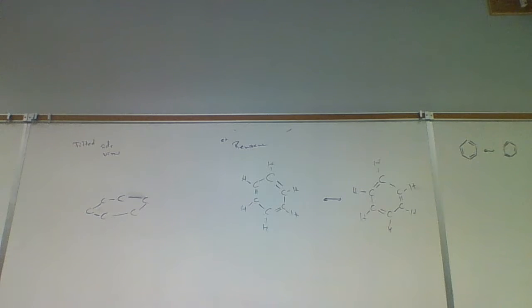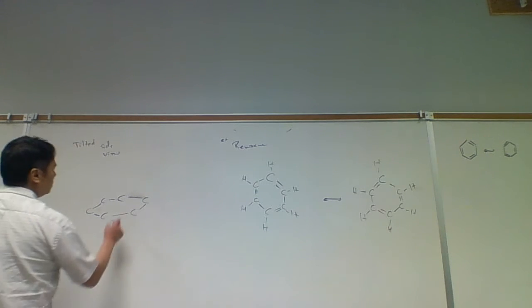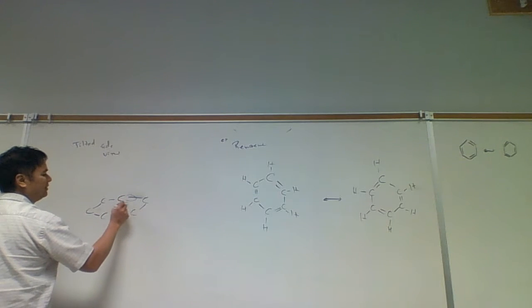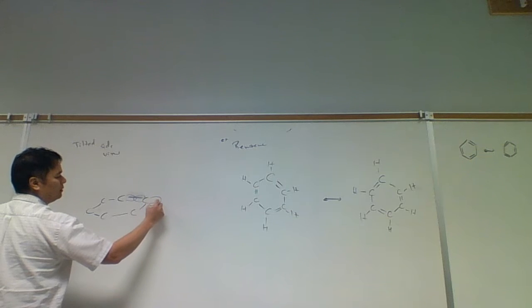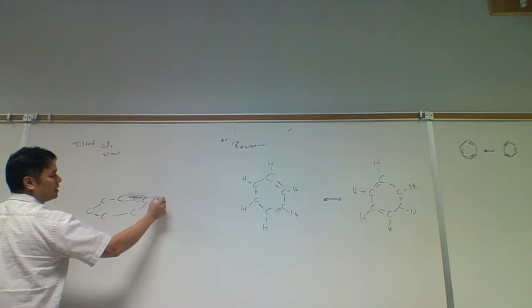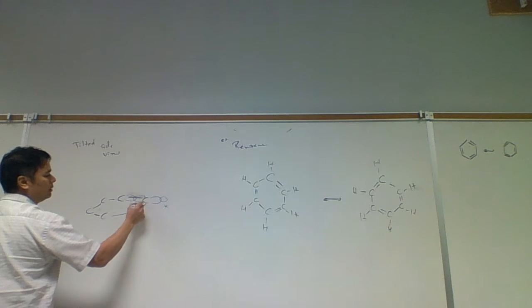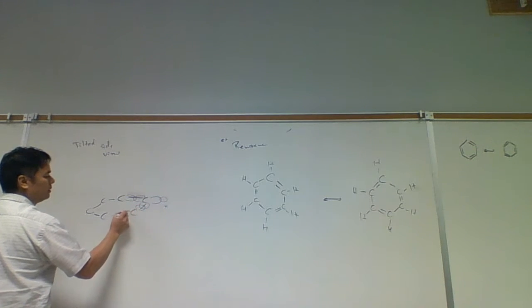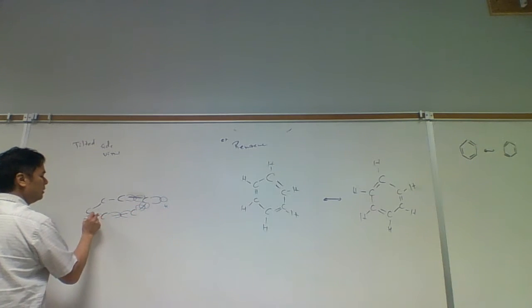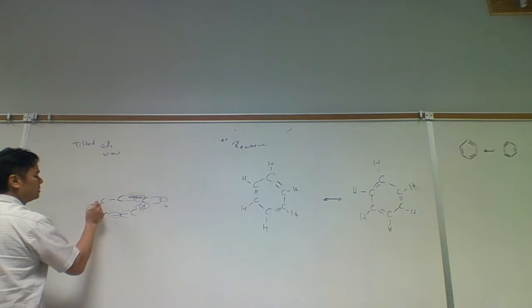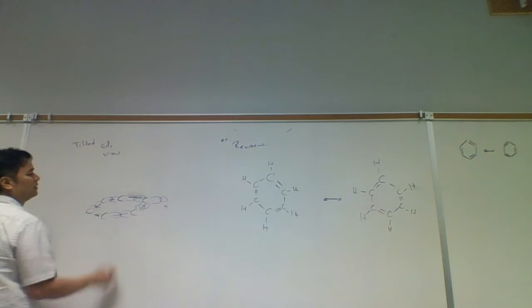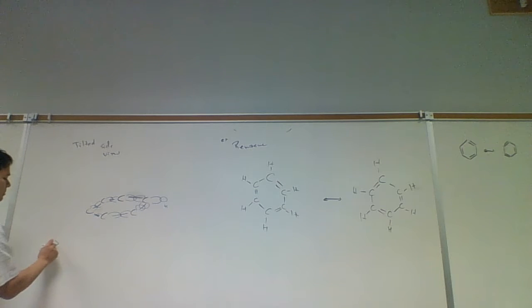So let's do the sp2 orbitals in blue. sp2, sp2. This is the sp2 sigma bond. And then we have an sp2 here out to a hydrogen s orbital. And the sp2, sp2, sp2, and so on. So we have a bunch of sp2-sp2 sigma bonds.